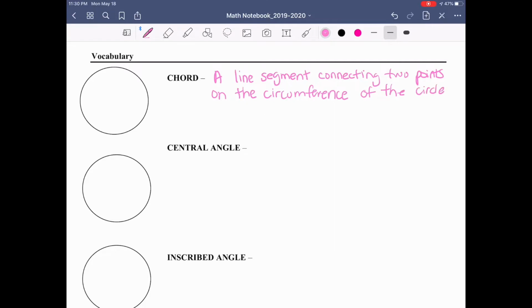Okay, so for example, if you have a point here and a point here, the chord would be the line that connects them together.